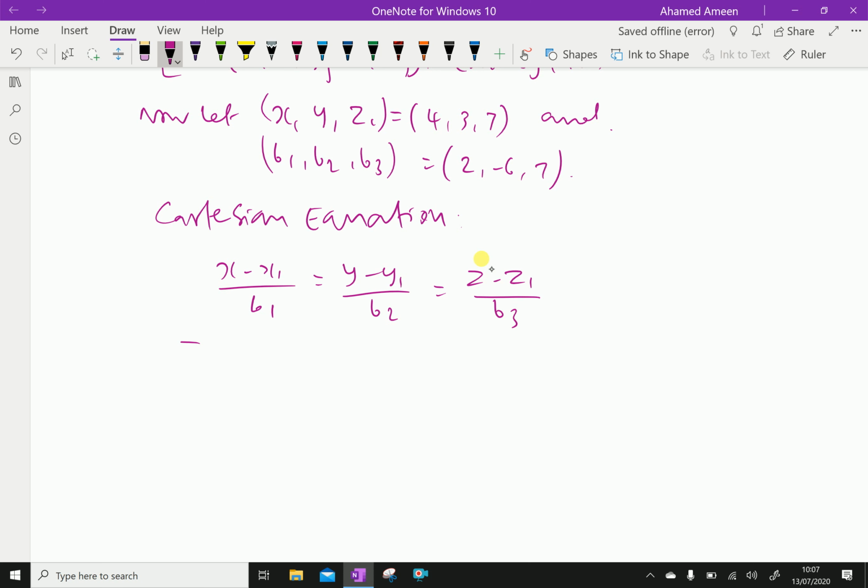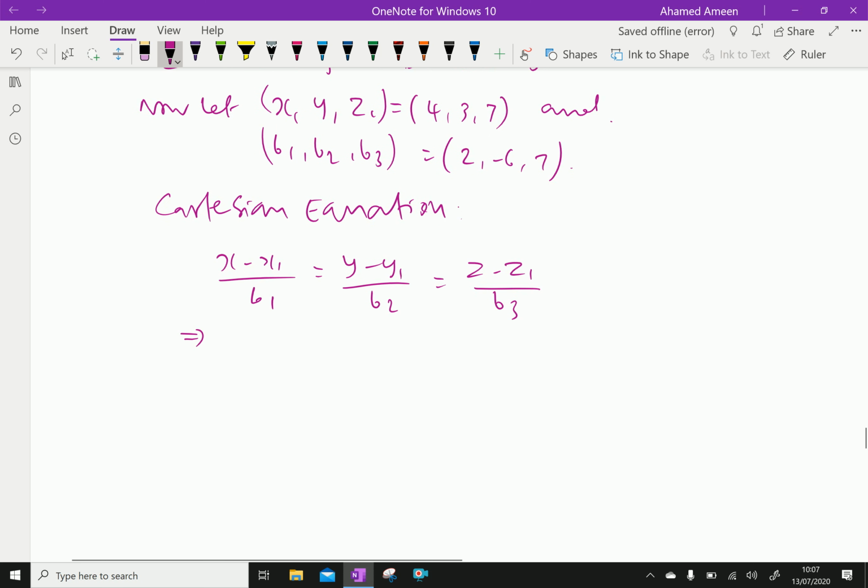Now we'll substitute the values. x minus x1, that is x minus 4, over b1 which is 2, equal y minus y1, that is y minus 3, over b2 which is minus 6, equal z minus z1, that is z plus 7, over 7.